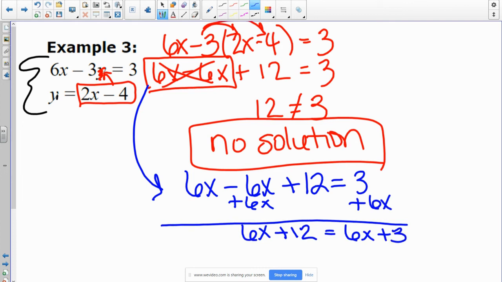And if we remember back then, if the coefficients are the same, in this case they're both 6, but the constants are different, we know it's no solution. So that's another way to look at it: you can move one of those variables over to the other side and notice that they're both the same and they have different constants, so we know it's no solution.